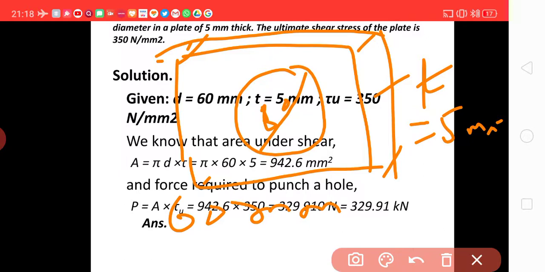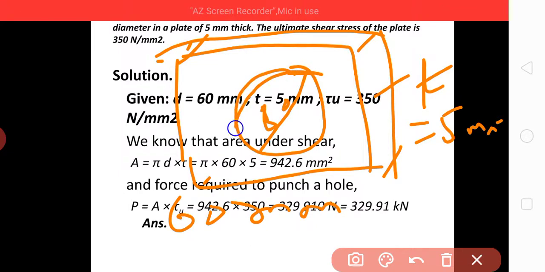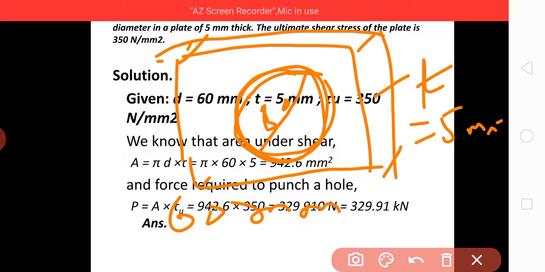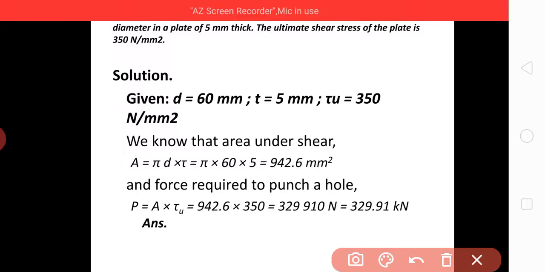Hence, you can consider it as an area whose length is pi d and thickness is t. So, here you can say this is not tau, it is t basically. So, we know that the area under shear is pi d into t, where d is the diameter and t is the thickness.